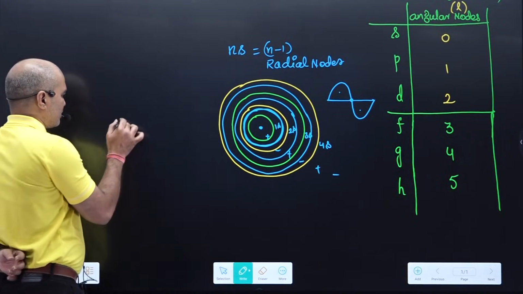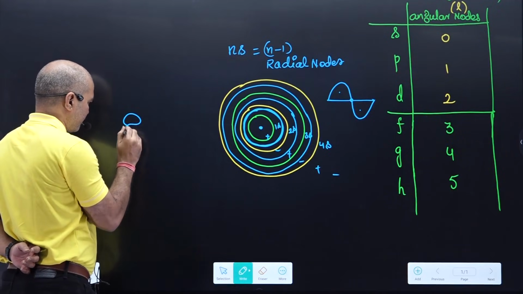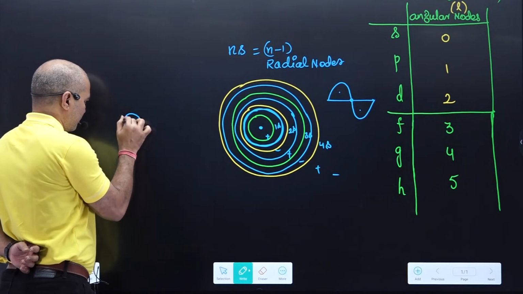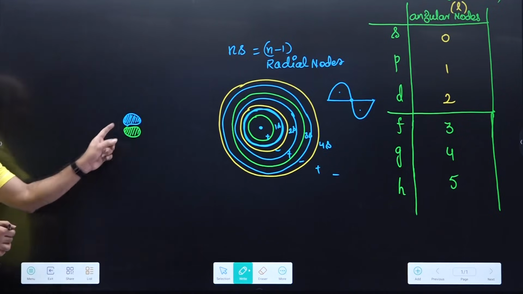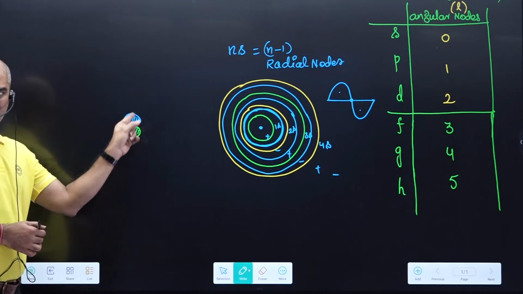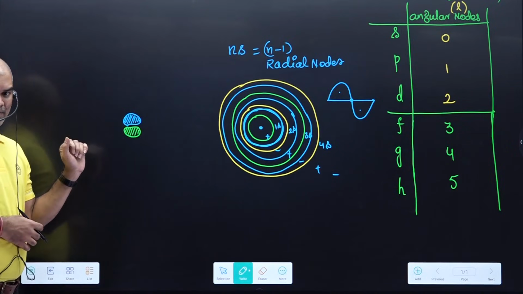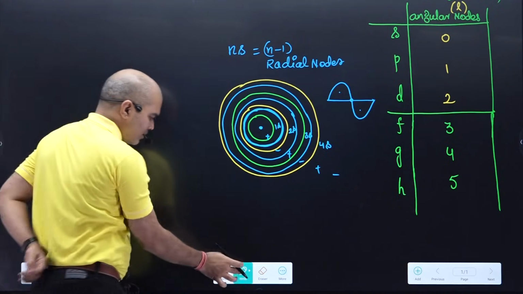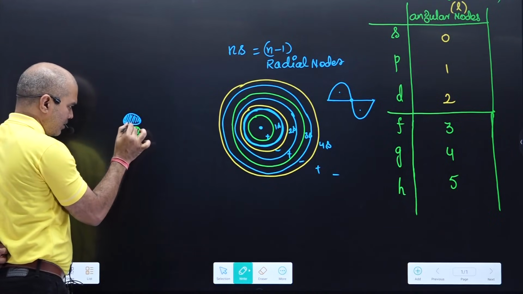Suppose if I draw p orbital, you are able to make the difference. One is plus, one is minus. Let me suppose this as 2s. If I draw 3s, how should I draw? This is 2s. In the center there is a nucleus.